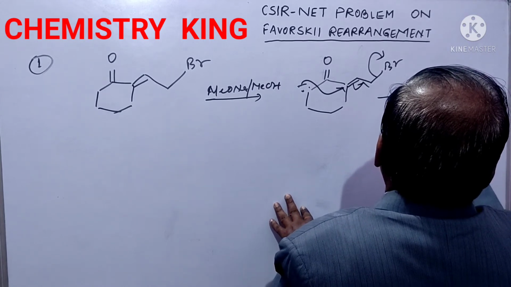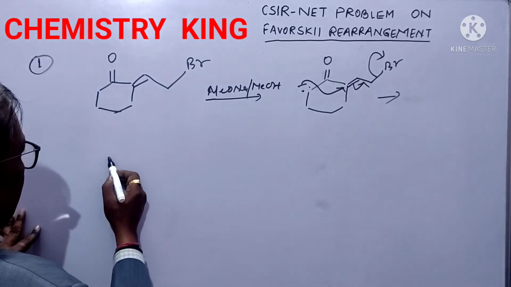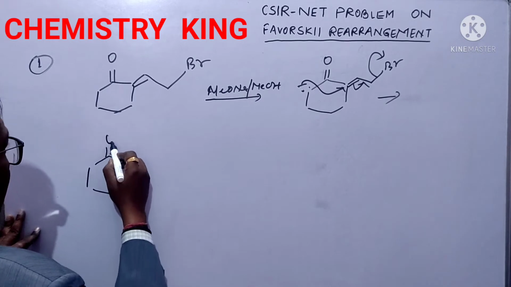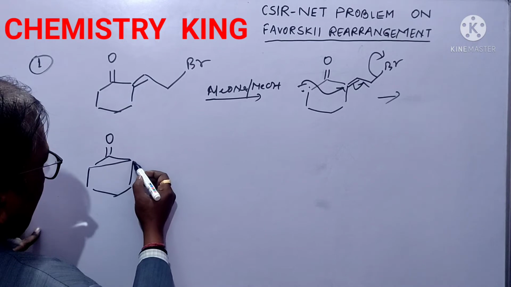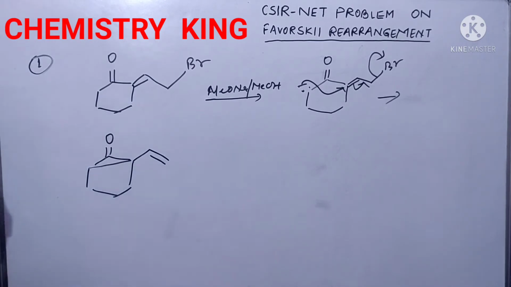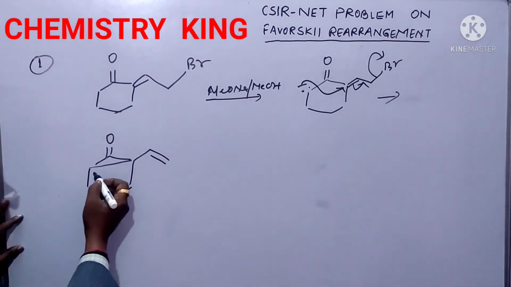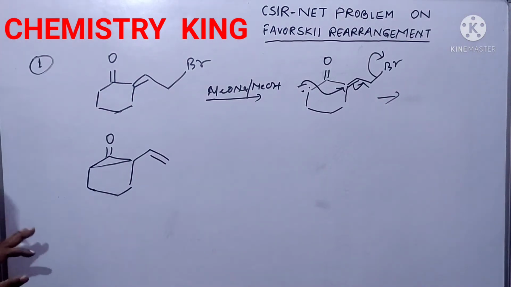And okay, right here, double bond O, this double bond is here. Br is eliminated as Br minus. It is a situation you get. Okay.